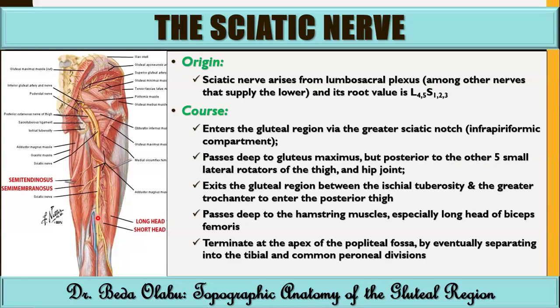But as a matter of overall fact, by the time the whole sheath is at the popliteal fossa, they have already separated. Now, if the 2 nerves separate within the pelvis, the common peroneal division may pass below piriformis or may go through piriformis.